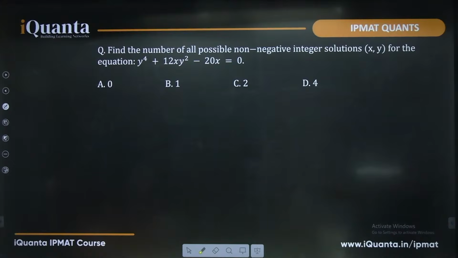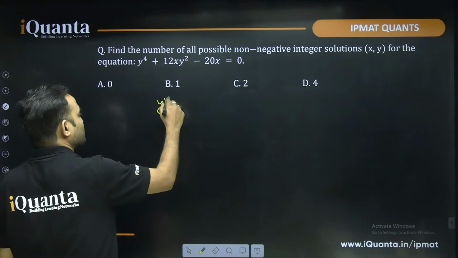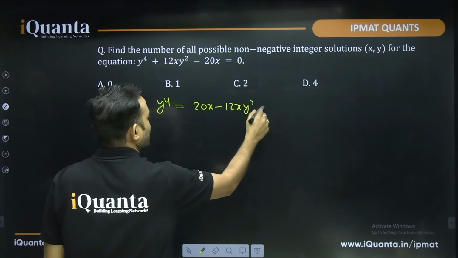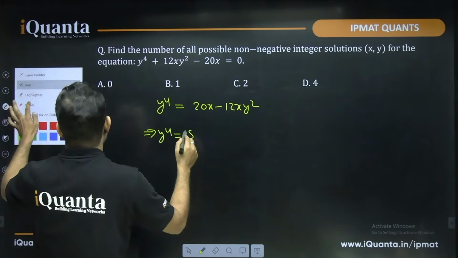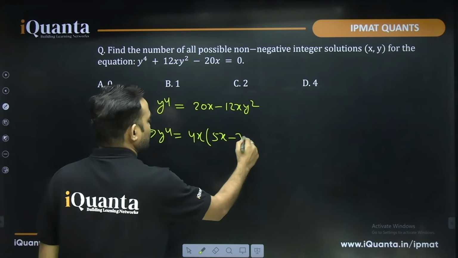Option B is not correct. Vaibhav, Ansh, can you tell me the solution? See, we can write this as y to the power 4 is equal to 20x minus 12xy square, or y to the power 4 is, taking 4x common, 4x times 5 minus 3y square.